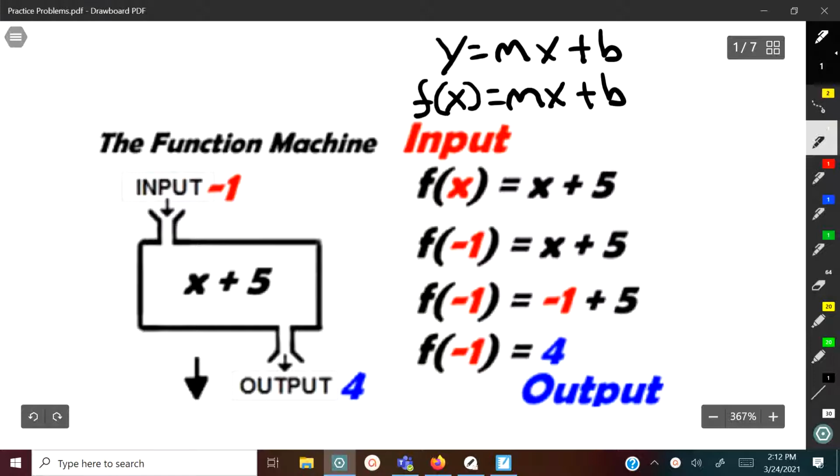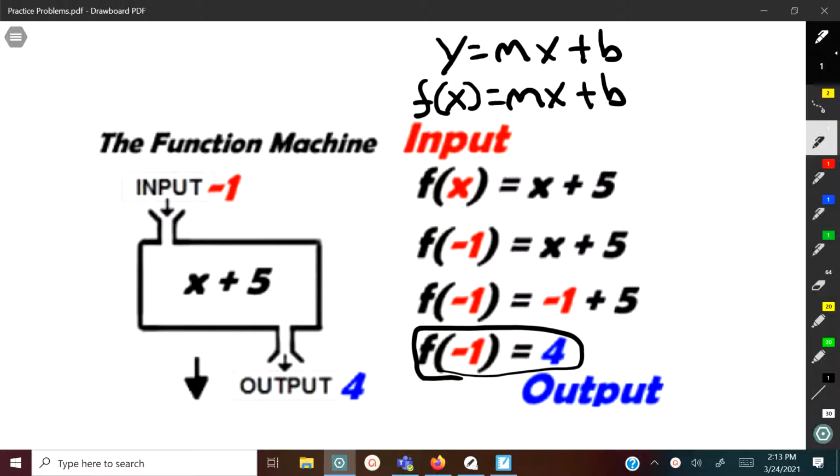So what we mean by function is we're plugging in a number for x, and we see what we get for y. But instead of saying y, we'll say f of whatever number we're plugging in. So the function of -1 gets us 4. And that's how you read it. Instead of saying y is equal to 4, we're saying the function of -1 gives us 4.